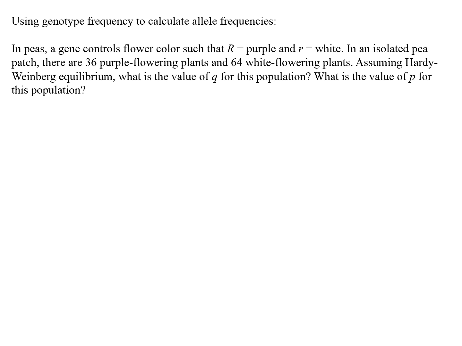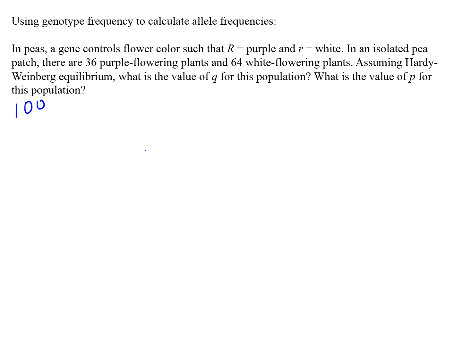So we can have an allele that codes for purple flowers, which is dominant, and we can have an allele that codes for white flowers, and that would be recessive. So if we were examining a patch of these pea plants and we had 36 purple flowering plants and 64 white flowering plants, that means we have a total of 100 plants. So let's write that down so we can use that.